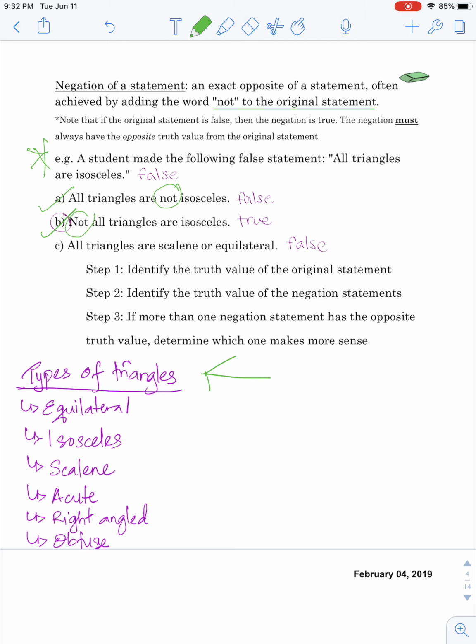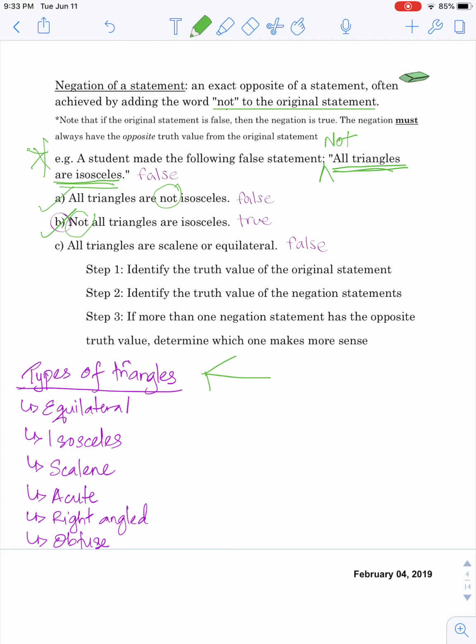According to the definition of negation of a statement, the word not should be added in front of the original statement. The original statement here is that all triangles are isosceles. So you need to add the word not in front of the original statement for it to become true.